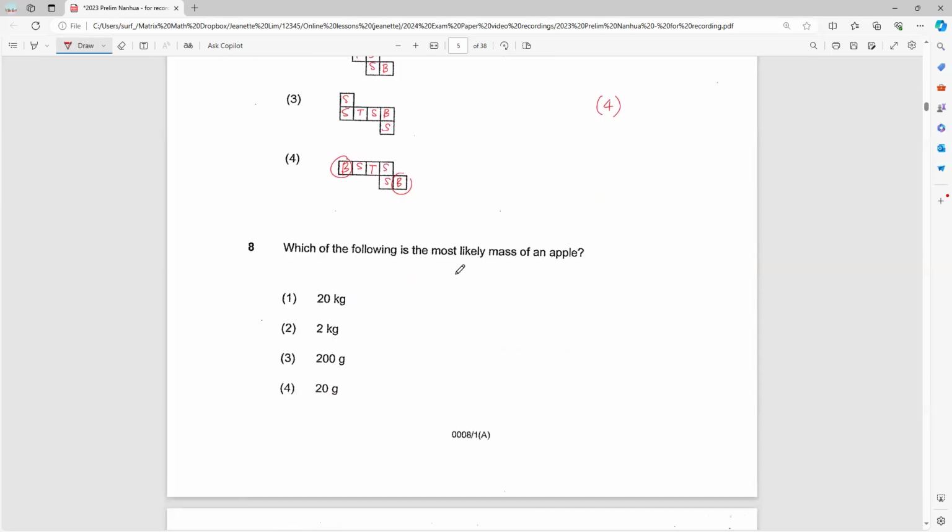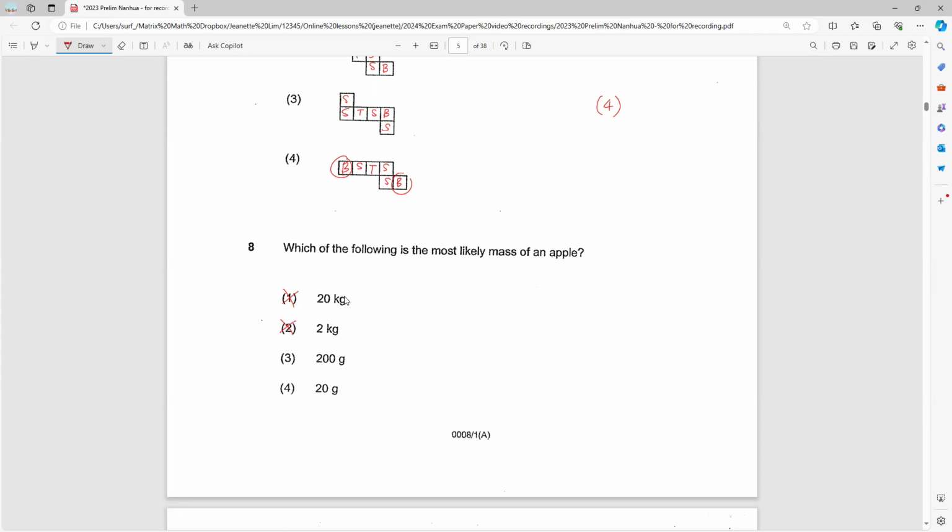Okay, question 8. Which of the following is most likely the mass of an apple? Okay, not 20 kg. 20 kg is like the mass of a few heavy bags. So no. 2 kg. 2 kg is like a laptop. An apple can't be that heavy, right? 200 grams.